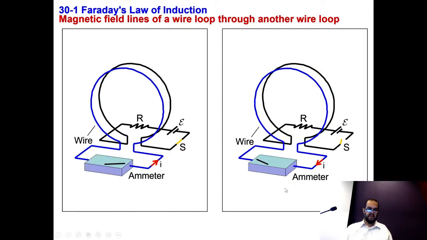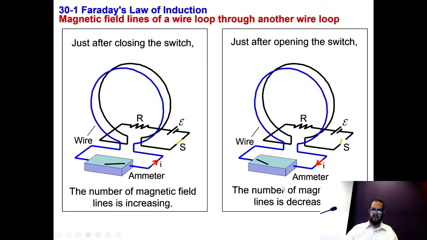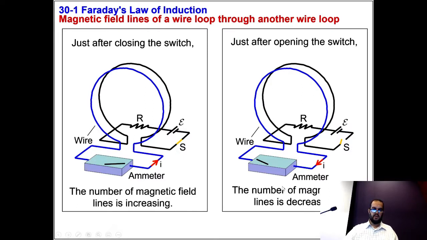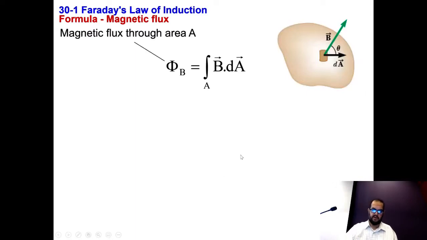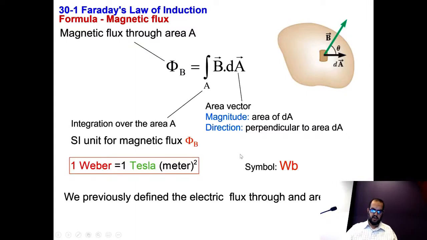So, same thing here. We already explained this. This is the formula for the flux. We have seen this in the previous chapter. The flux is the integral of B dotted with dA.